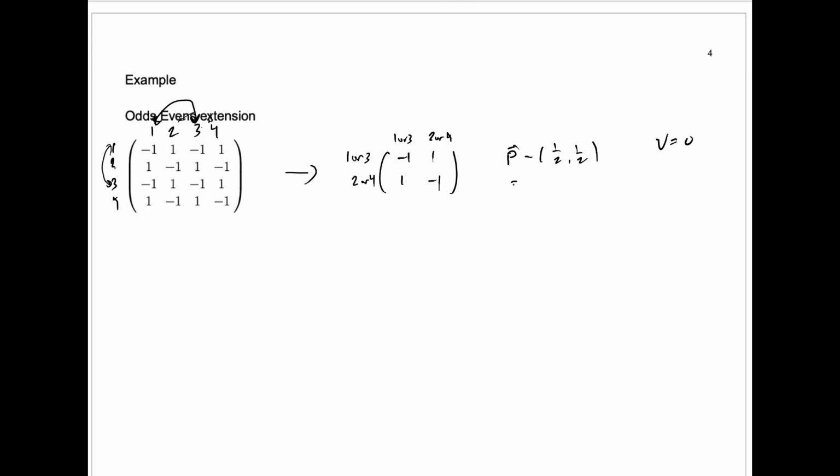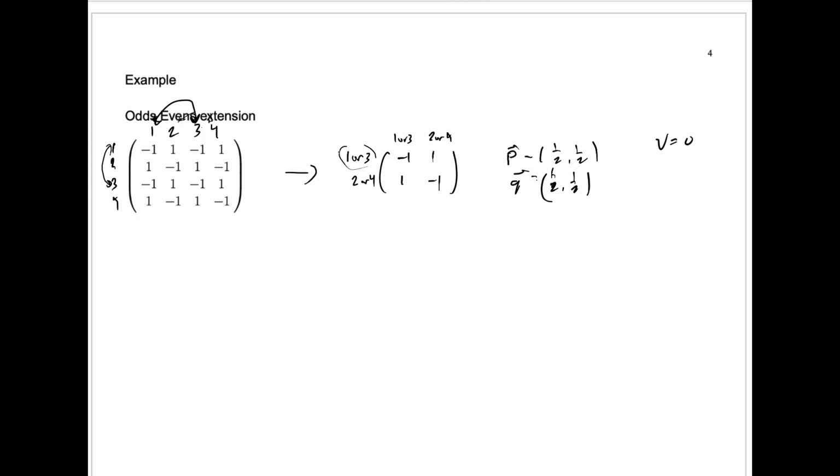We've looked at this before. Q is 1/2, 1/2. Now what does it mean that in our original game there are optimal strategies that are invariant under these transformations? That means that the 1 and the 3 should get equal weight.